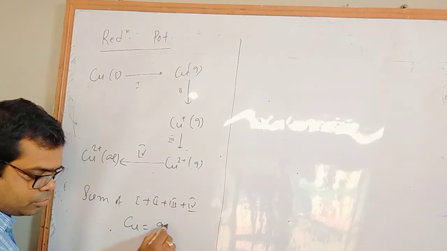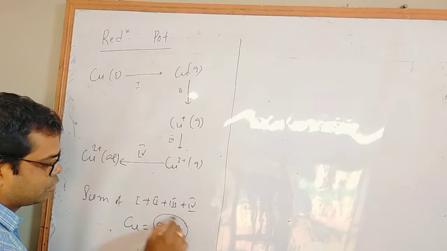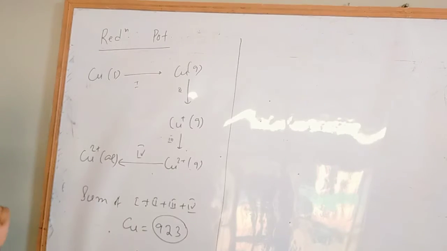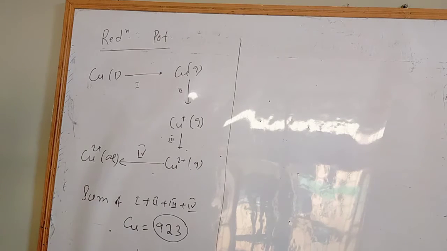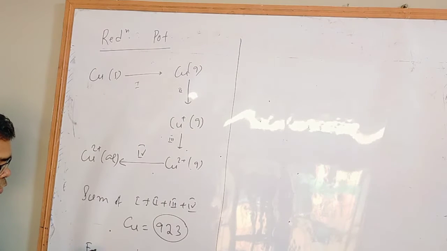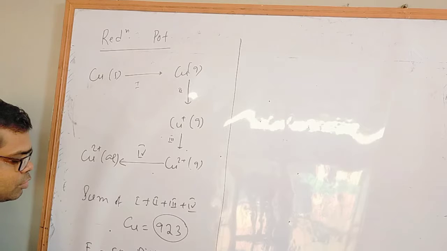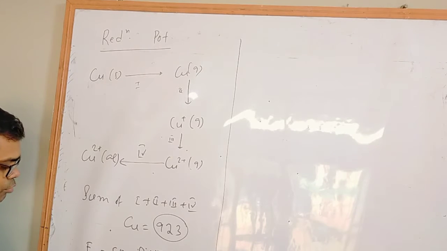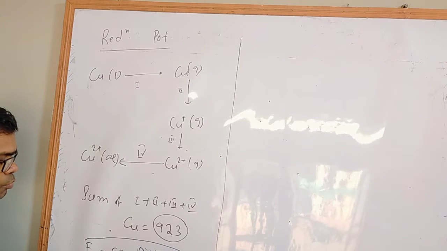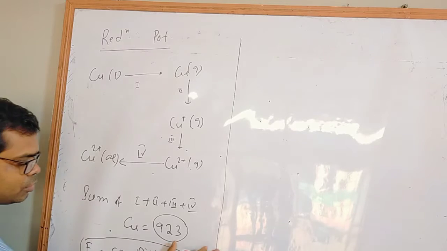It is 923. If you go in the book also, it is written that copper will be highest. By that, we find the reduction potential: E equal to E naught of cell minus 0.059 by n log Kc. So by doing that, we will get the reduction potential of copper.